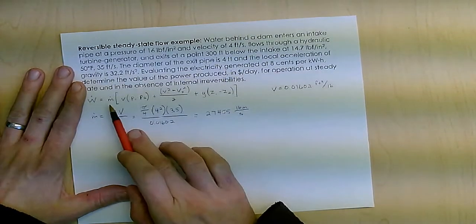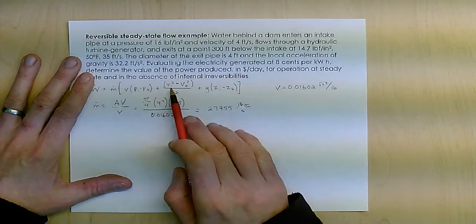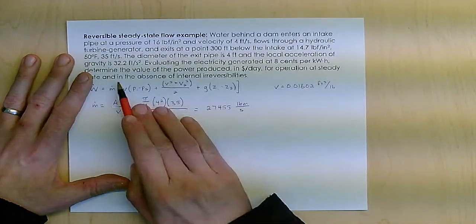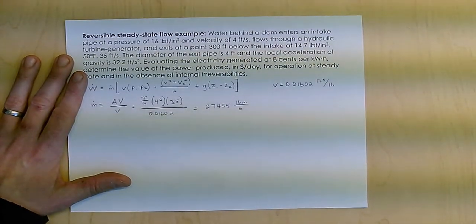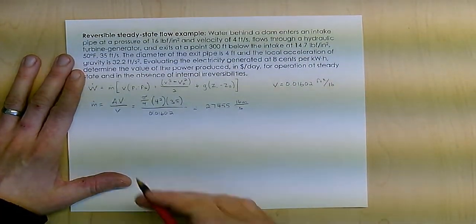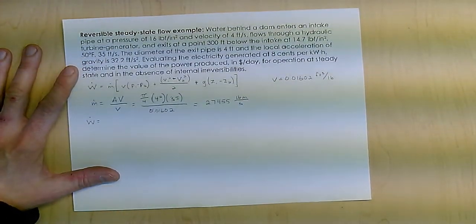Okay, so here's the thing now. Now I know my mass flow, I know my volume, my pressures are given, my velocities are given, my gravity is given, my change in elevation is given. So now it's just a matter of plugging in these numbers to find the work. And there are some unit conversions we have to do.